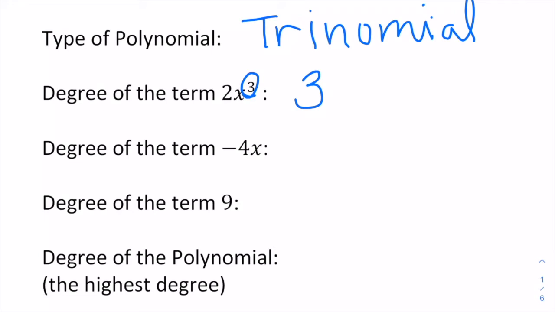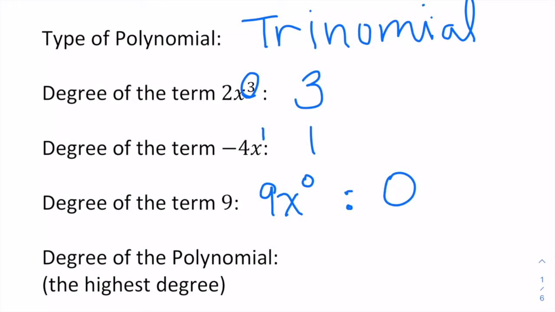The degree of the term negative 4x would be just 1, because even though we don't write that 1 in simplest form, we know that it has an exponent of 1. And the degree of any constant, like 9, is actually 9x to the 0. So the degree is 0.